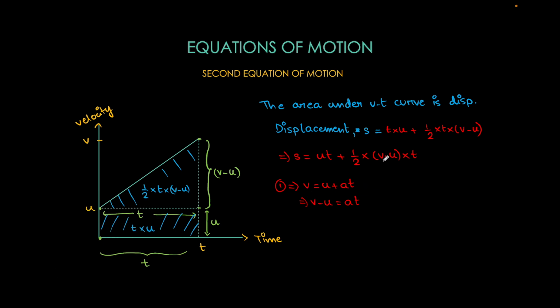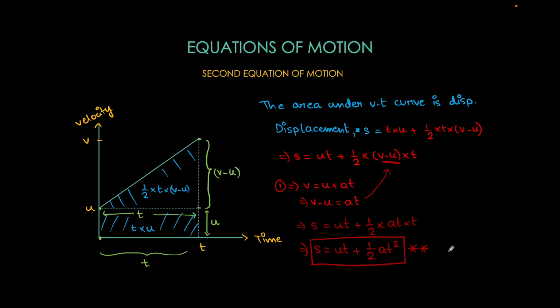Now, if we put the value of V minus U as AT, what you get is that S is equal to UT plus half into, in place of V minus U, AT into T. So we get S is equal to UT plus half A, and T into T means T square. So here is your second equation of motion. Right? I hope you have understood this.